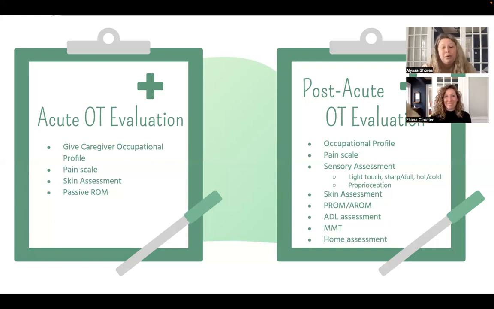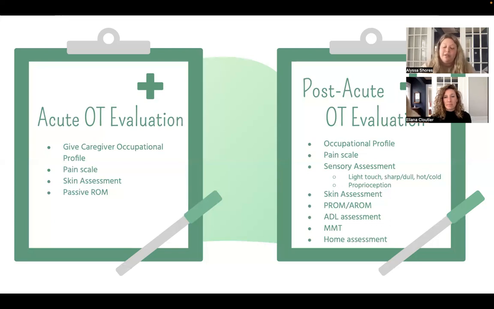Skin assessments are still important in this, as well as passive range of motion and active range of motion at this time. We may be able to do MMT. They may not be able to hold resistance against gravity, so you might have to remember those gravity-neutral assessments.